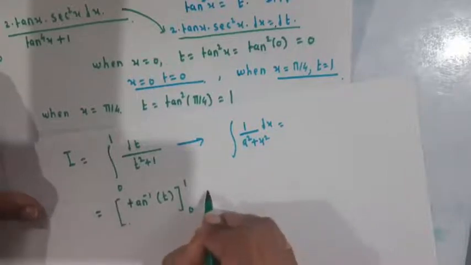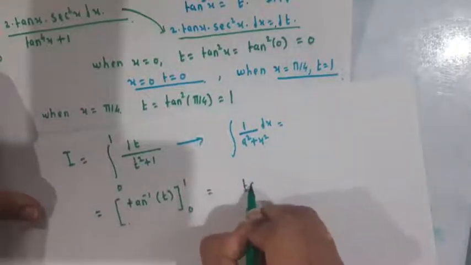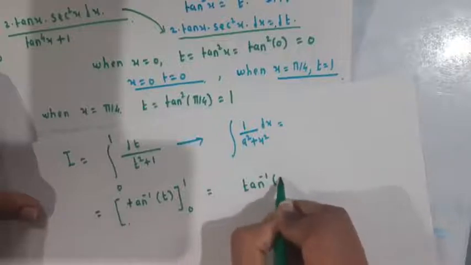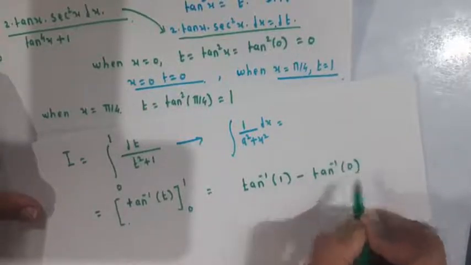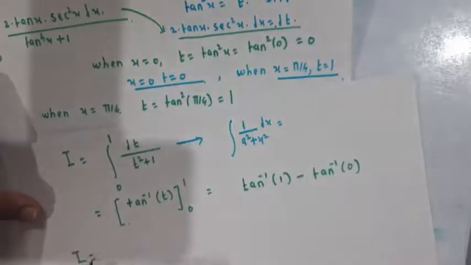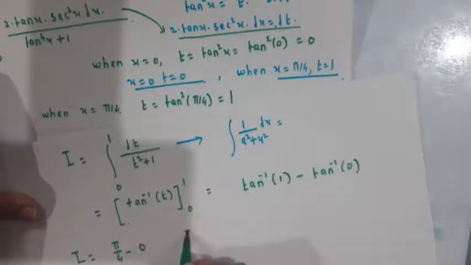That is equal to tan inverse of 1 minus tan inverse of 0. Tan inverse of 1 is pi by 4 and tan inverse of 0 is 0, and hence I equal to pi by 4.